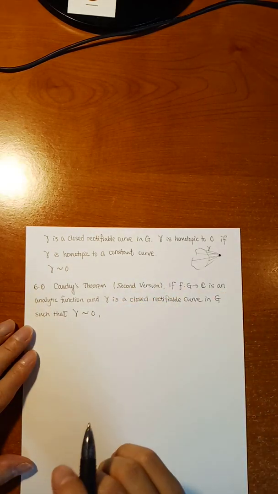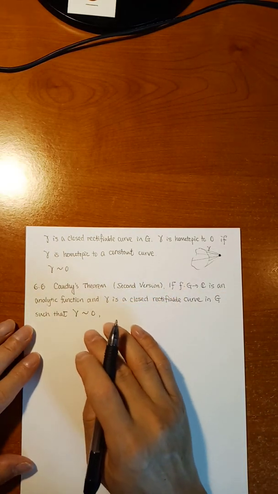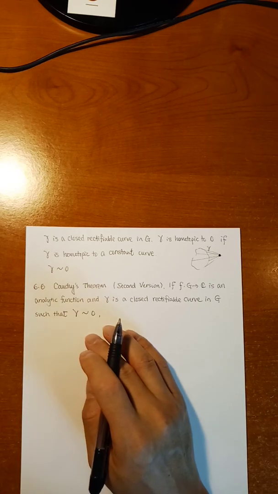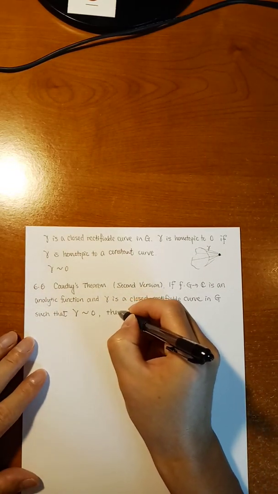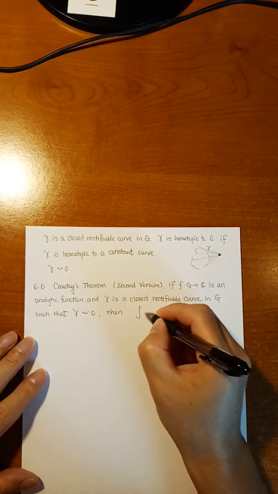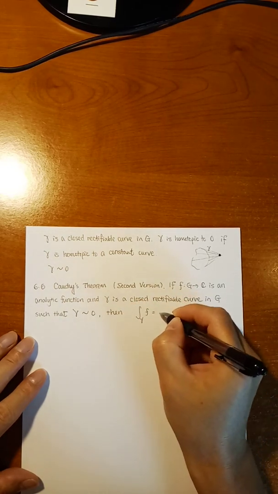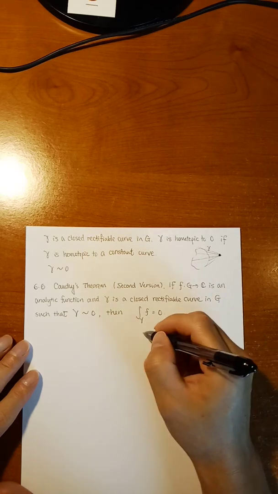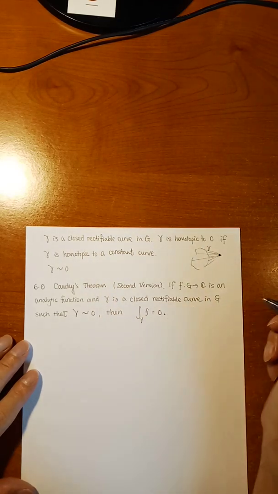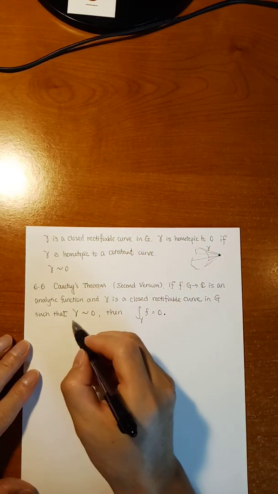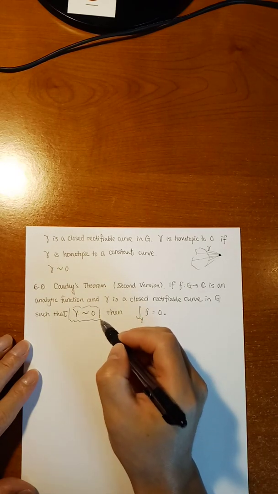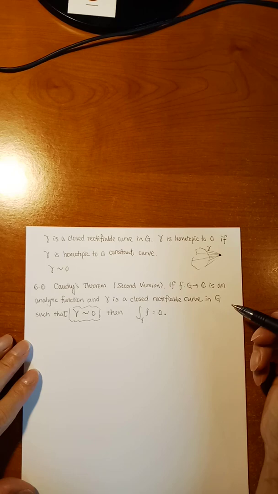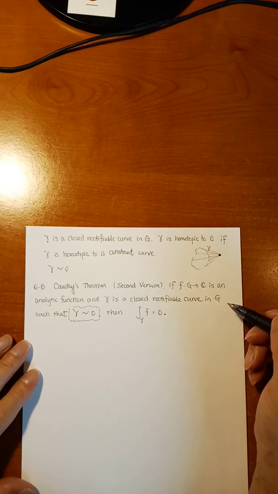Okay, so this is a condition. We replace the winding number equal to 0 condition by this homotopic to 0 condition. Then we have the same conclusion. The integral of f along gamma is equal to 0. All right, so this is the second version. We just use this homotopic condition to replace the winding number condition.